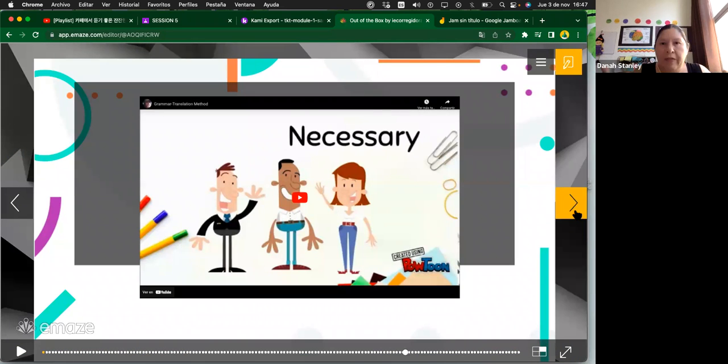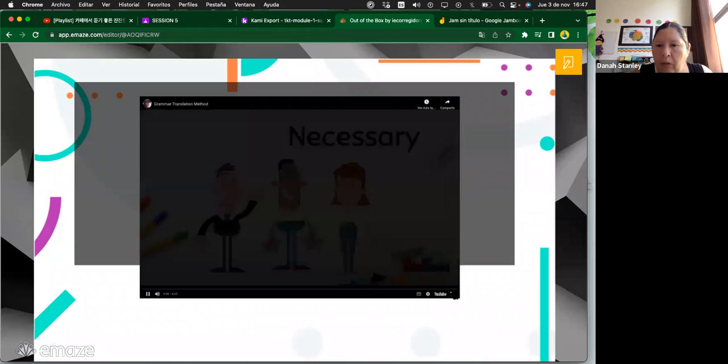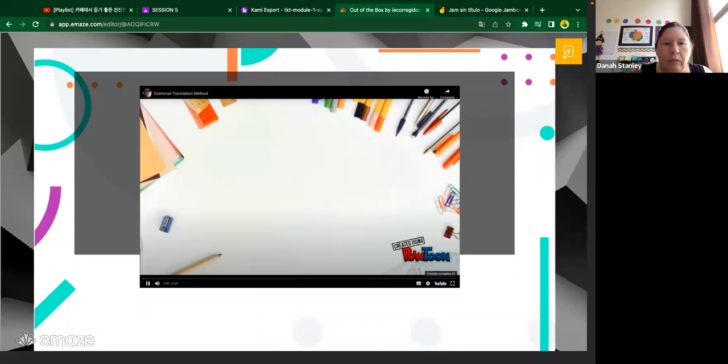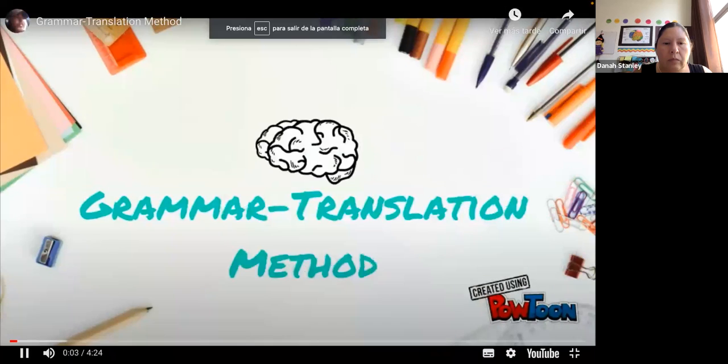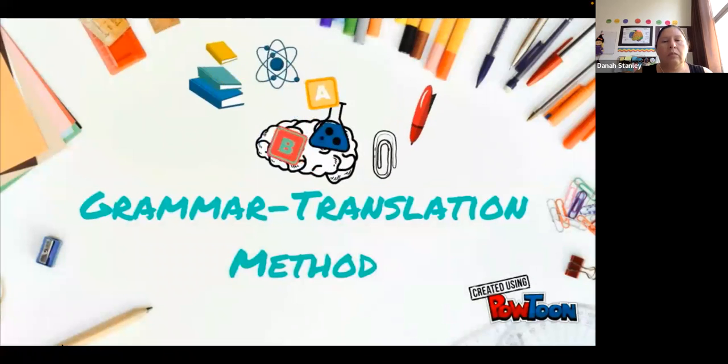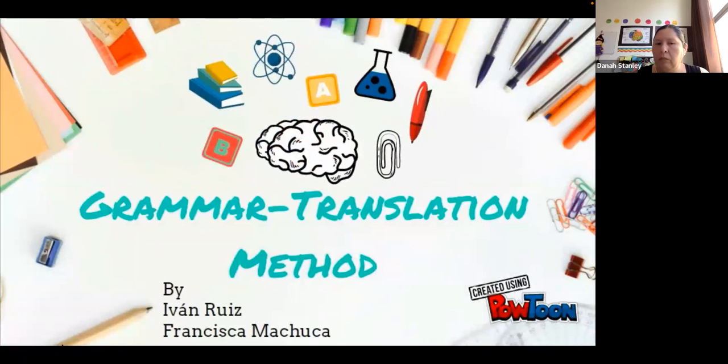They normally read, analyze chunks of grammar, and then they translate them. Okay? So let's watch the video about the grammar translation. Grammar Translation Method by Iván Ruiz and Francisco Machuca.